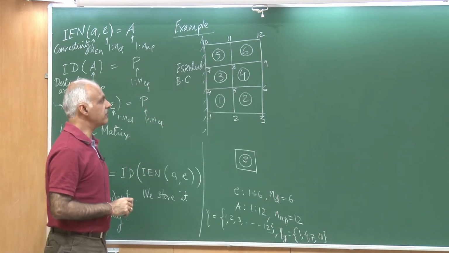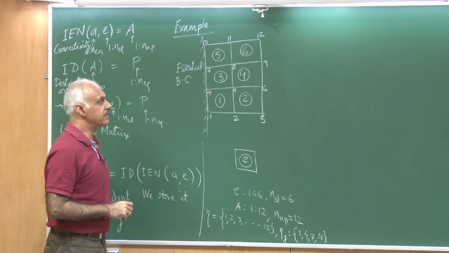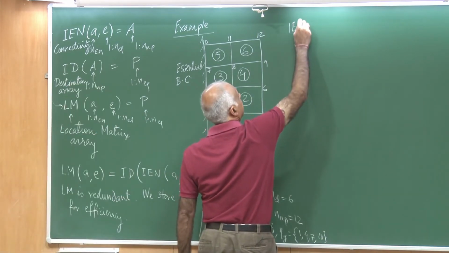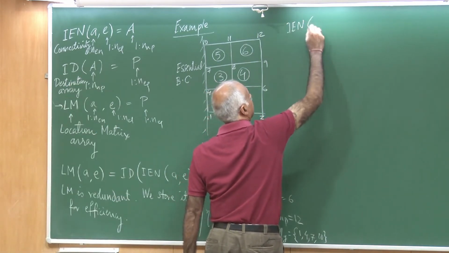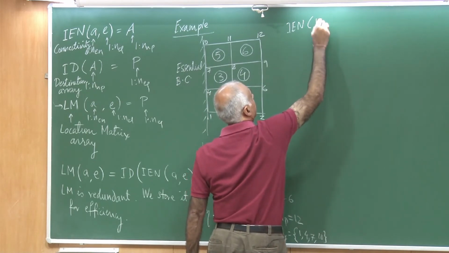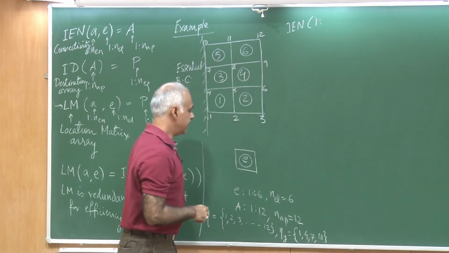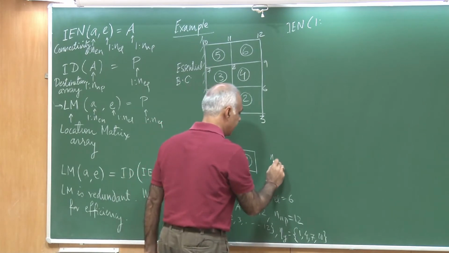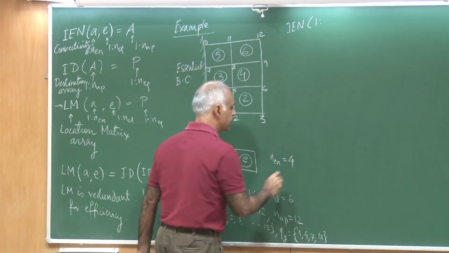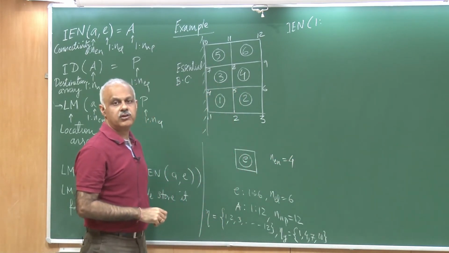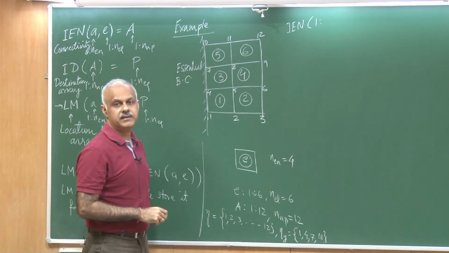Alright, so let us go ahead and first write down the IEN array. The IEN array in this case would have a dimension of 1 through NEN, and please notice that NEN for this case is 4 because I have 4 local nodes per element.